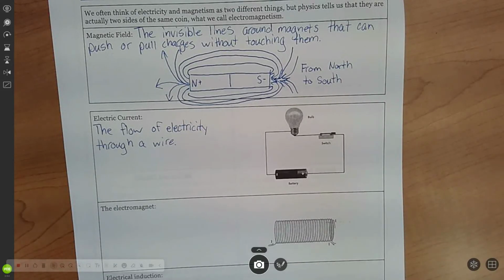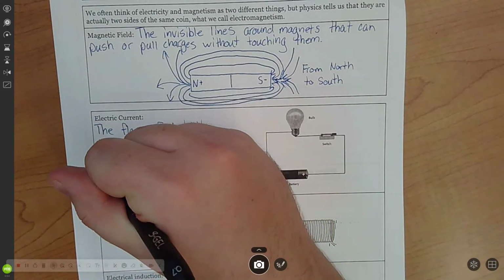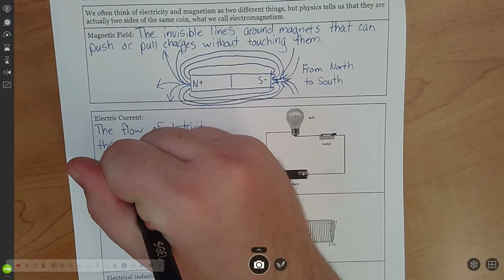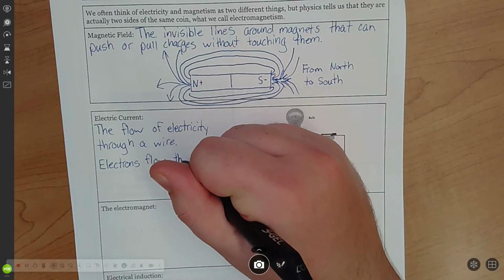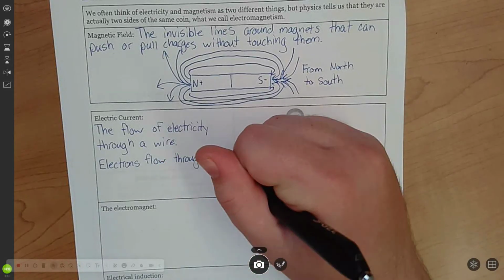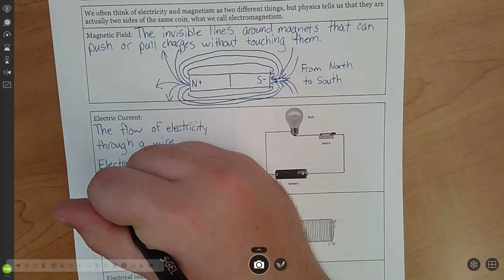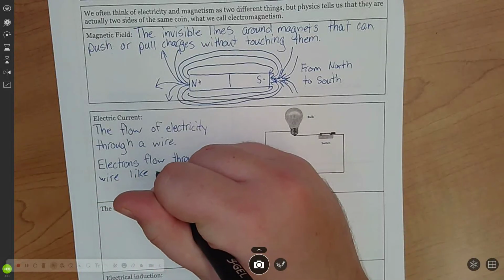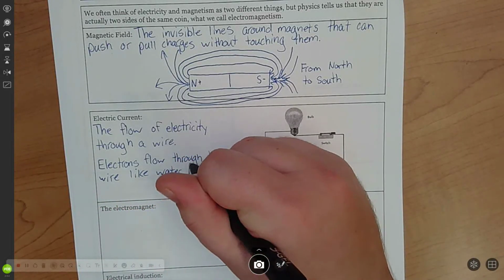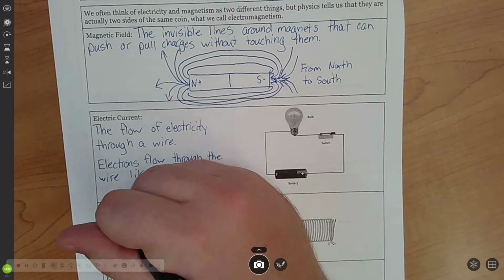And a good analogy here is that electrons flow through the wire like water flows through a pipe.